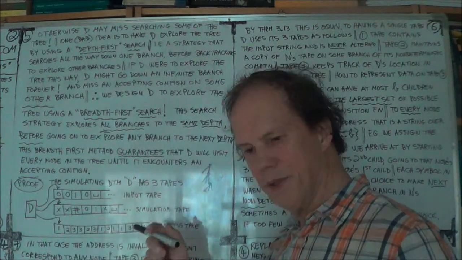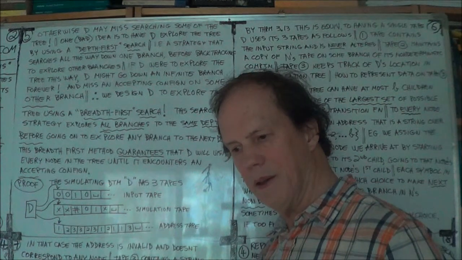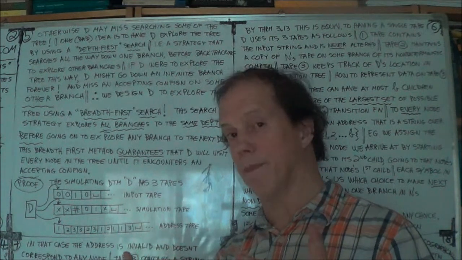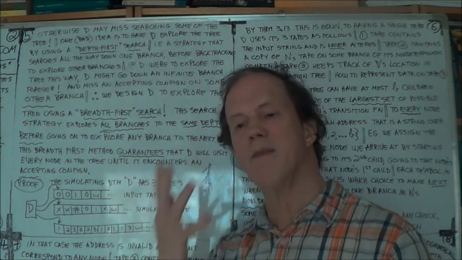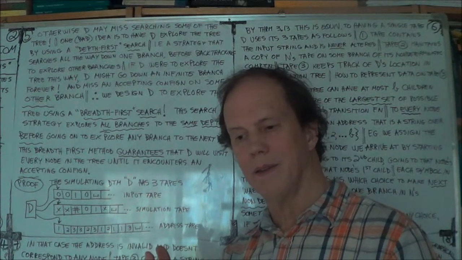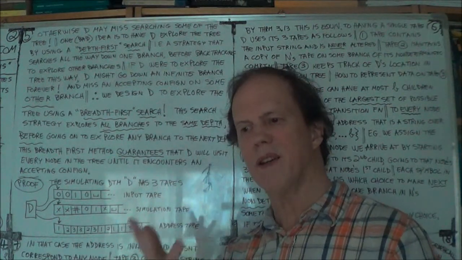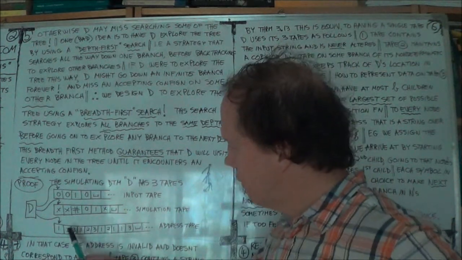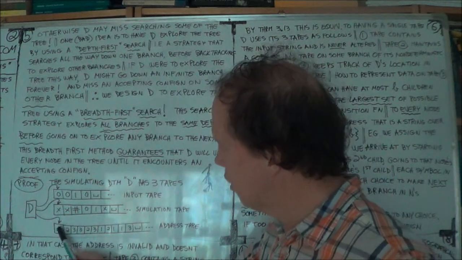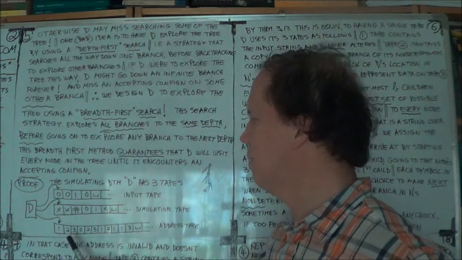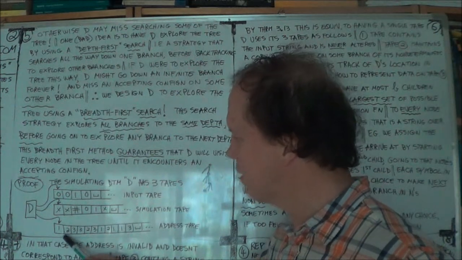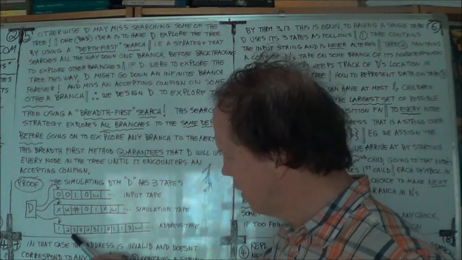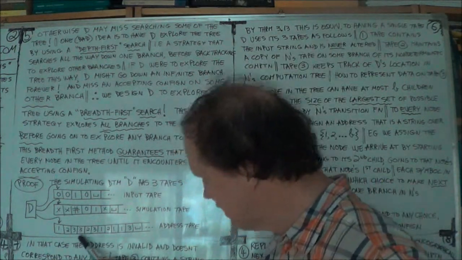You're given the tree, and you're trying to simulate the tree using D. So you use this address. You go down the first branch to the child node, and then from the child node you go down its second branch, and then you get to a node, and then you go down the third branch of that node, and so on.